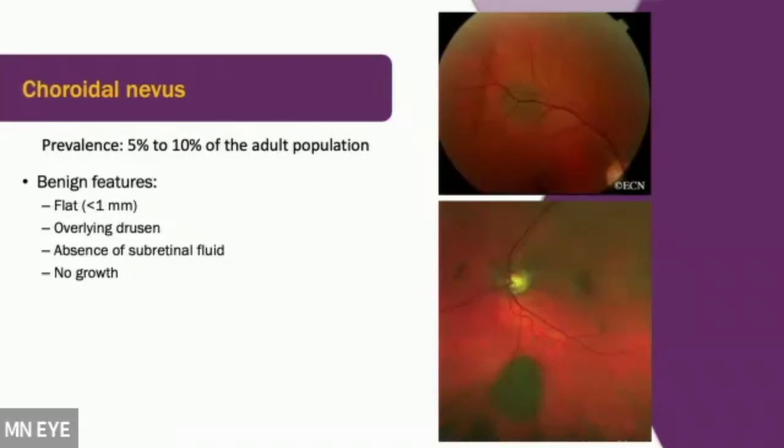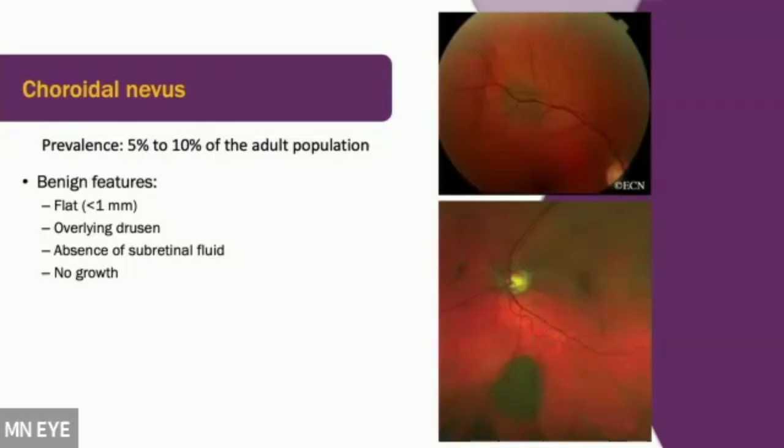Overlying drusen just shows the chronicity of the nevus, and is a benign feature for this pigmented lesion.